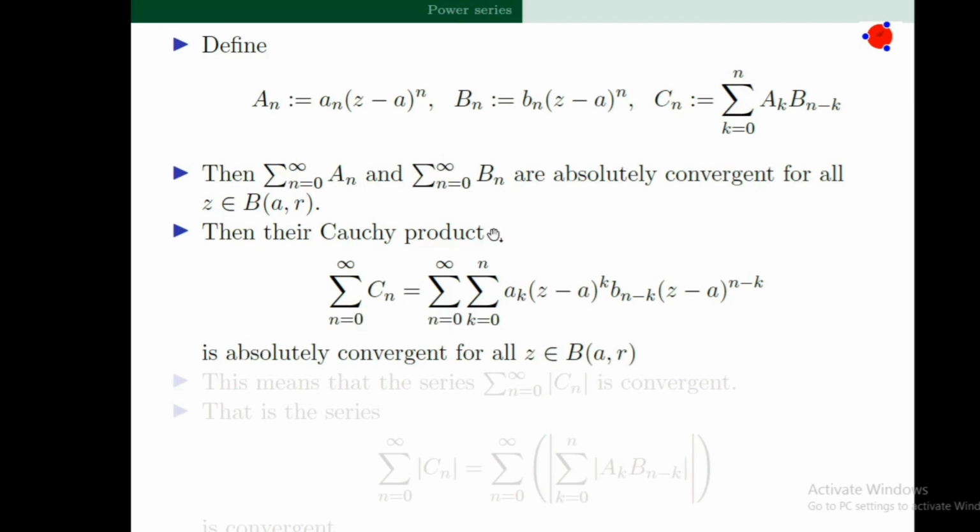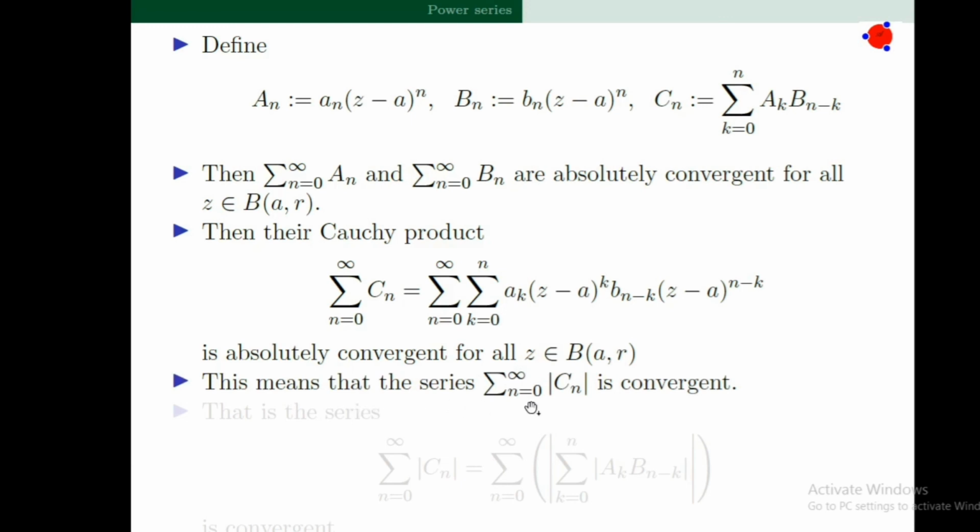So by Cauchy multiplication theorem, the product series, that is summation n equal to 0 to infinity Cn, where Cn is the Cauchy product of the sequences An and Bn, is also absolutely convergent.